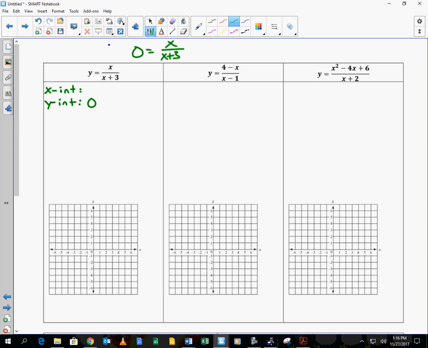No, if the denominator is 0, then it's undefined, right? If the numerator is 0, then it's 0, right? So when is the numerator equal to 0? At x equals 0. So when you want to find the x-intercept, just look at where the numerator is equal to 0. When you want to figure out the y-intercept, plug in 0 for x.